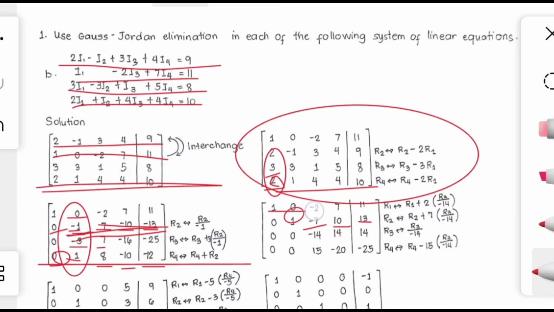So we get here 1, 0, negative 2, 7, and 11. And then we will focus now on the row 3, and we want to establish negative 3 to be 0. So for this to be 0, we have r sub 3 plus 3 multiplied to r sub 2 over negative 1.